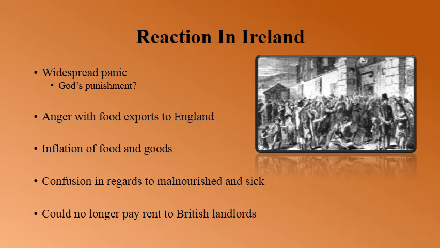And they could no longer pay rent to British landlords, because they weren't able to sell their crops, and what they did have, they had to use to pay for their own food. And the British people did not really feel much empathy for them, and the landlords still expected their money. And that caused a lot of the Irish people to go broke or go homeless, because they could not get their money across to the English people who they ran their farms from.